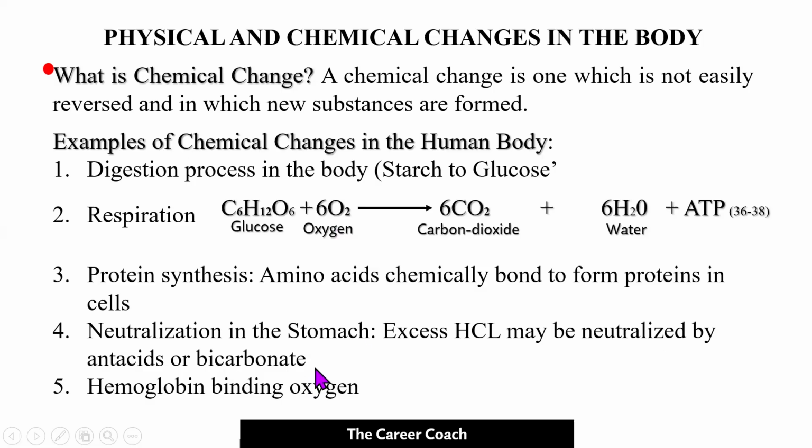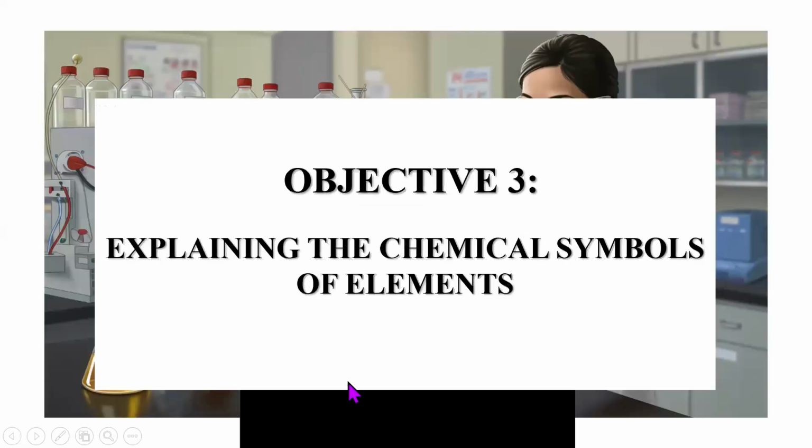For patients with ulcers, they usually take antacids. This is to shield or neutralize the acid chemical changes taking place in the stomach. Number 5, hemoglobin binding oxygen for respiration is an example of a chemical change.